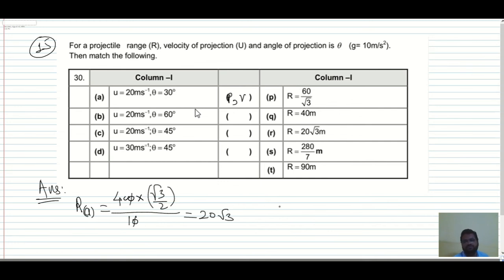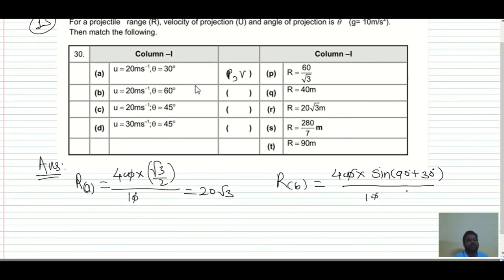Then B, our range for B is 400 into sine 120, divided by 10. Sine 120 is nothing but sine 90 plus 30. So this 0 gets cancelled. Sine 90 plus 30 is nothing but sine 90 cos 30, root 3 by 2 only.